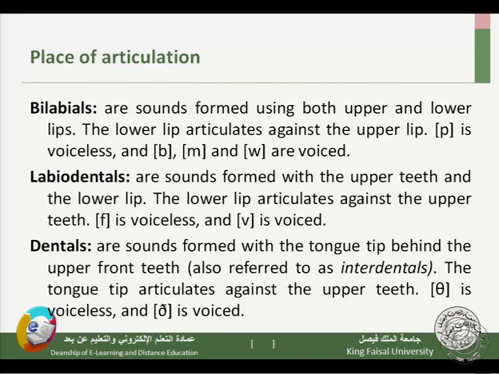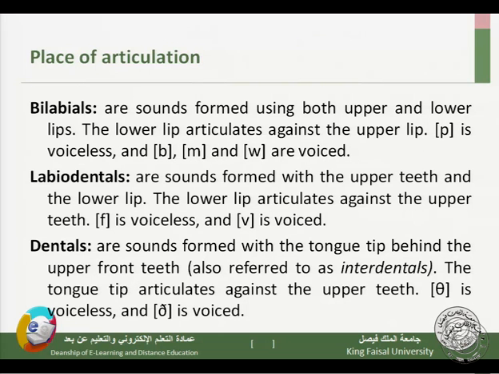which is voiceless. And in order to check voiced or voiceless sounds, just put your fingers on this part, the Adam's apple. If you feel vibration, that's voiced, and if you don't feel vibration, that's voiceless.